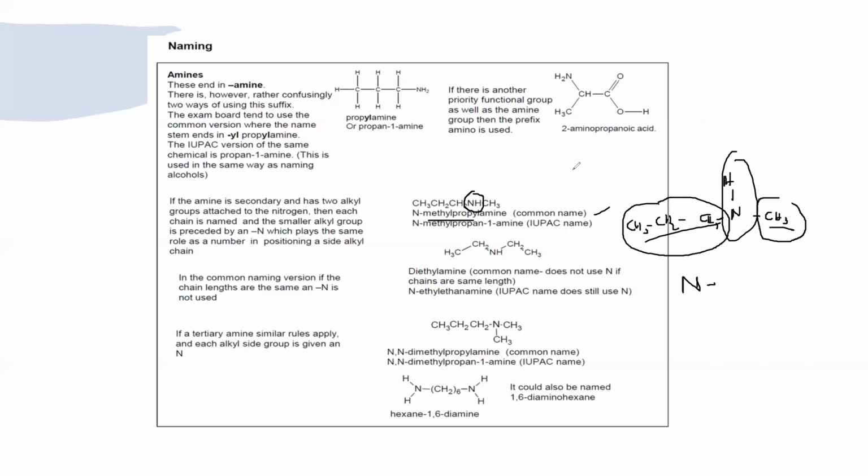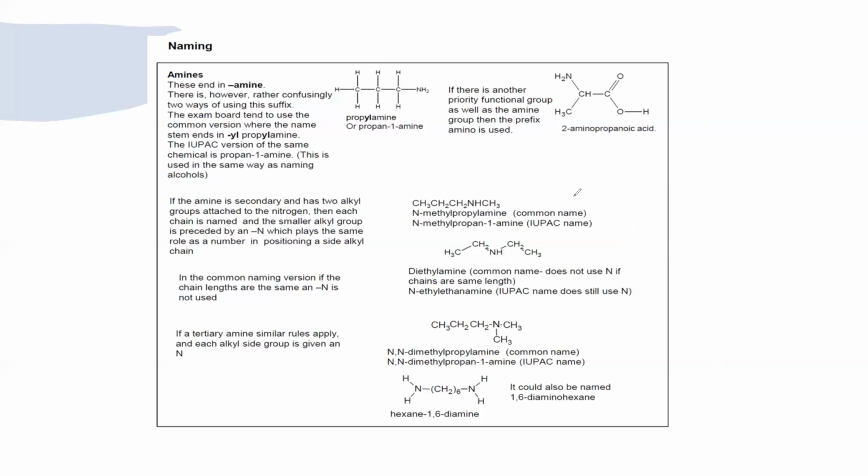But in standard naming or IUPAC naming, we use numbers specifically. So one of the carbons, the smaller one, is considered as a branch, and the larger one is considered as the main chain.